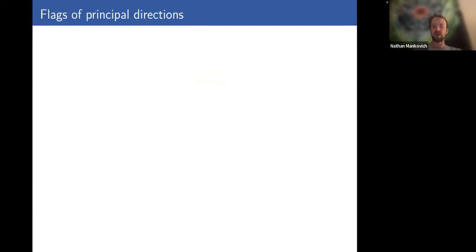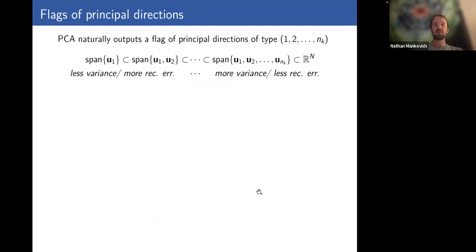Okay, so flags. Now we're talking about flags. PCA or principal directions are naturally structured on a flag of this type, which is kind of equivalent to the Stiefel manifold, right? Where you have less variance on one side, more variance on the other. And this is the sequence of nested subspaces. You take the subspace with the most variance with one principal direction.